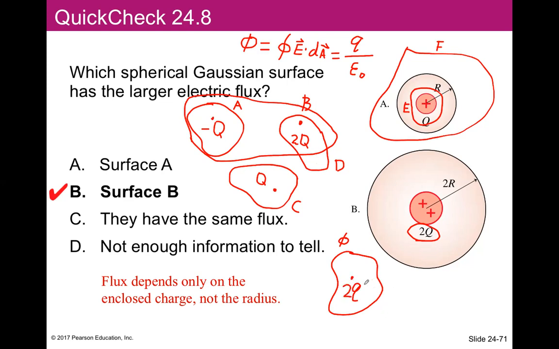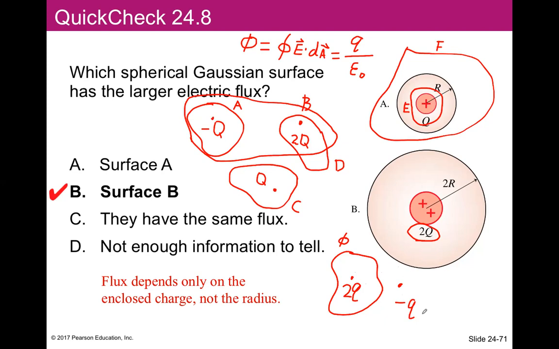So the charge is 2 times Q. And then if I put a negative charge, which is 1Q here, then what happens to the flux on the surface? Is it going to be greater or smaller, or doesn't change?